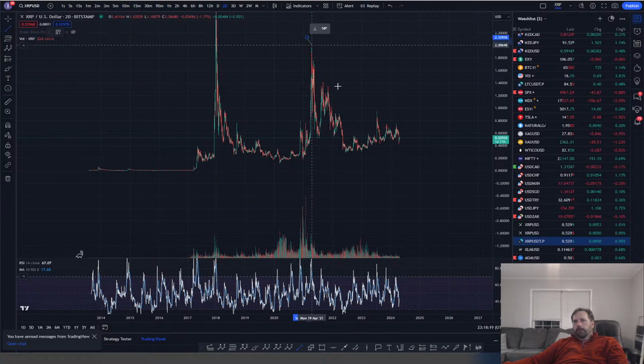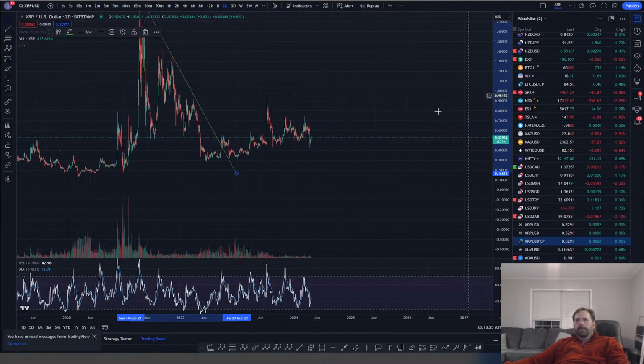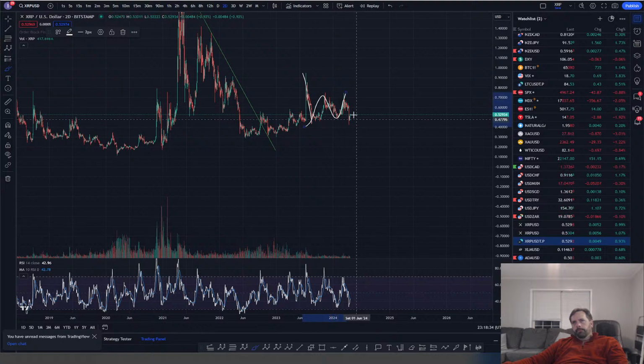You can definitely argue that this is broken to the upside, and now we just need 3 waves. So maybe this isn't done. Maybe this is boom, boom, and now maybe we're in the process of getting that.